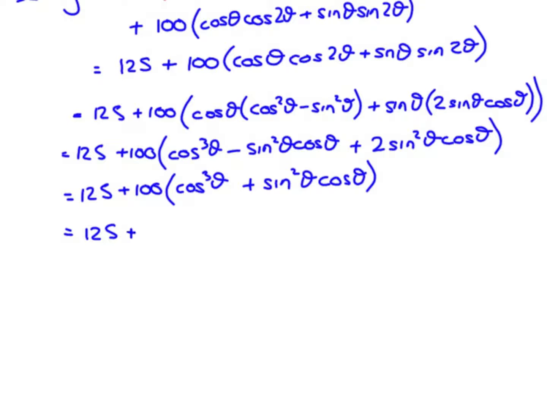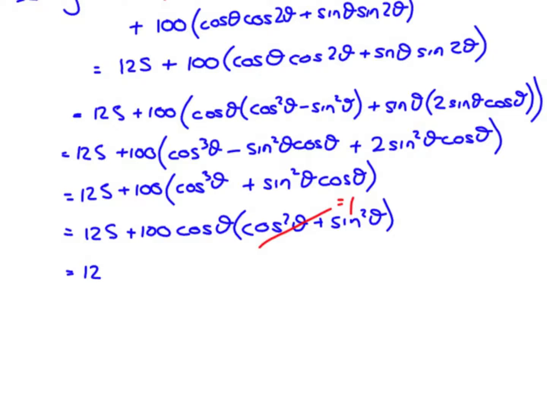Now we're nearly done. We just need to take cos theta out as a common factor. So if we take cos theta outside of the bracket, inside the bracket we're left with cos squared theta plus sine squared theta, which, as we already know, is just equal to 1. So we end up with 125 plus 100 cos theta, which is what we wanted.